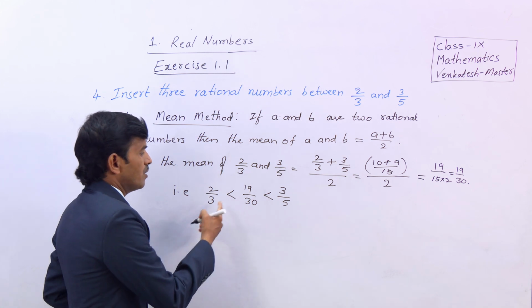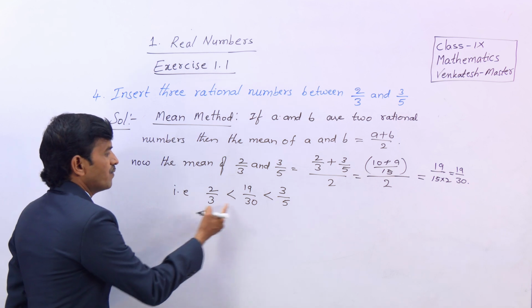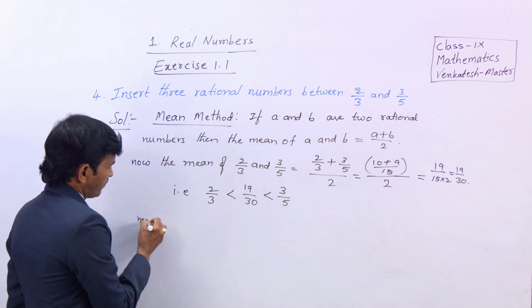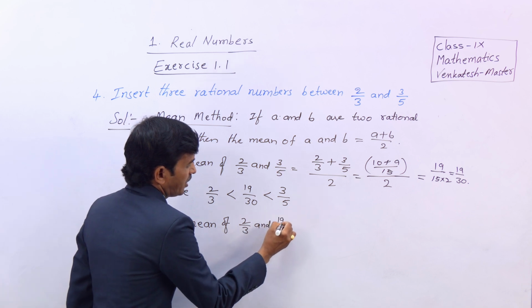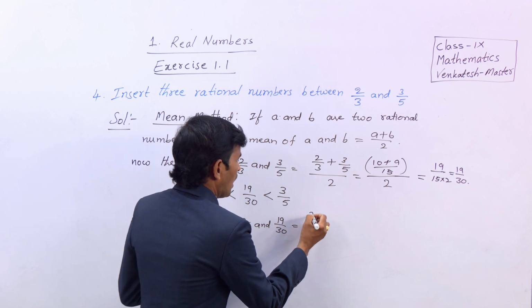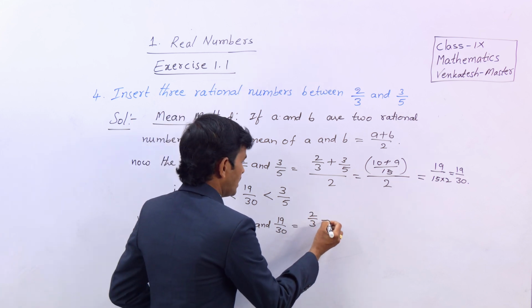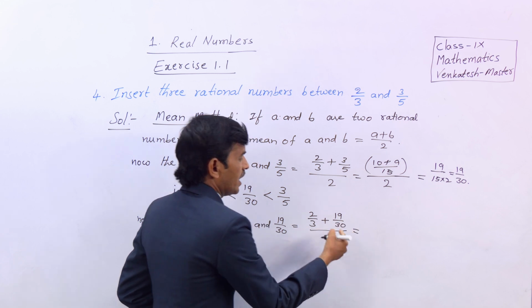Now we can take the mean of either these 2 values or these 2. So I am considering the first 2. Next, the mean of 2 by 3 and 19 by 30, which is equal to the average of these 2: 2 by 3 plus 19 by 30, by 2. Again LCM.